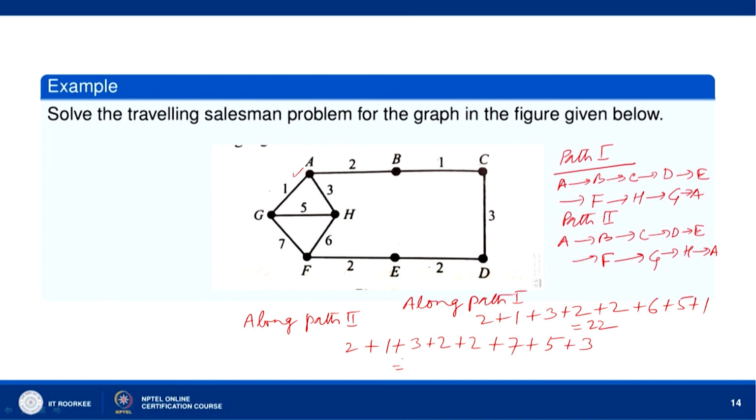So, this is 2 plus 1 is 3, plus 3 is 6, plus 2 is 8, plus 2 is 10, 17, 22 and 3, 25. So, out of these two Hamiltonian cycles, the one which gives the least value is path 1. So, we should follow path 1. That is the solution of this travelling salesman problem.